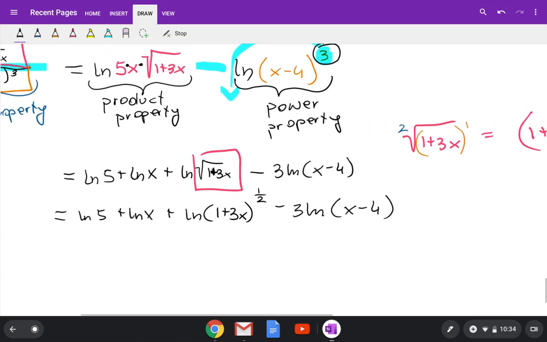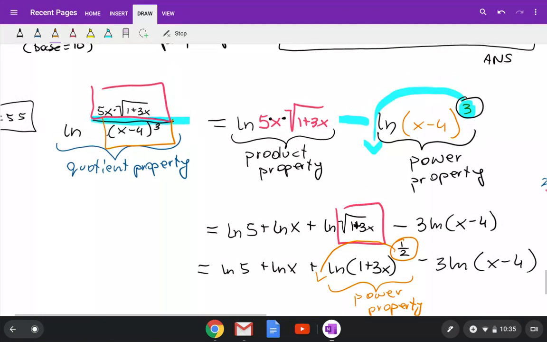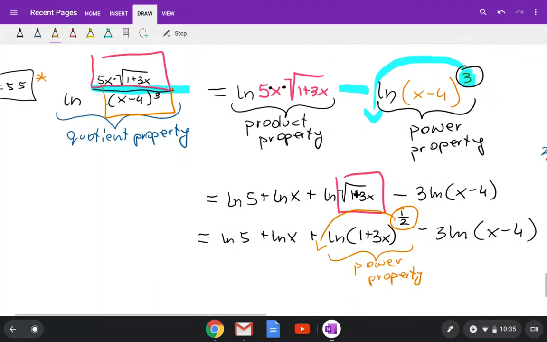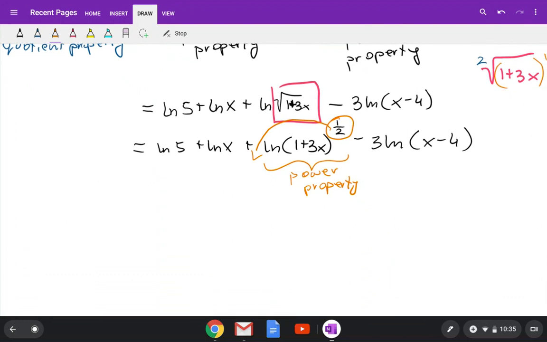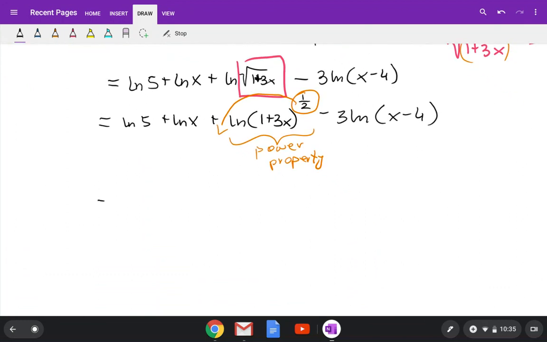And the last thing, one more time, we're expanding. Here you go. We have a power, so you're going to use the power property. So again, I will put a star. This one has a lot of work. So this is finally the final answer.